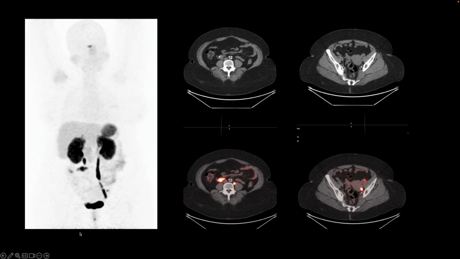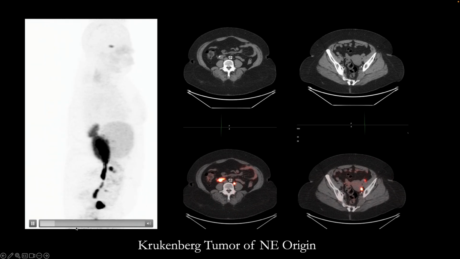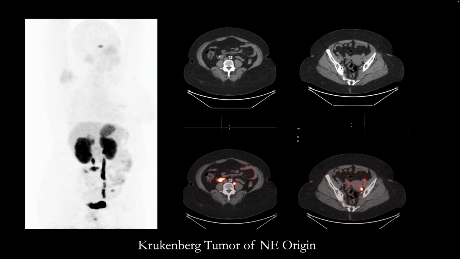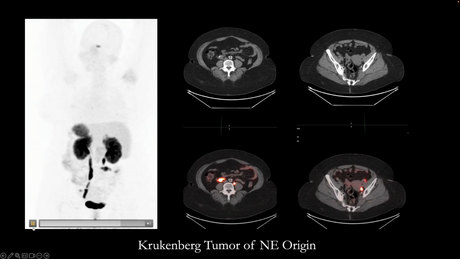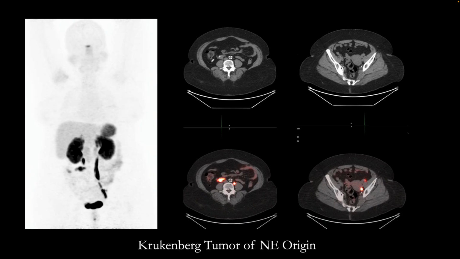Here's our next patient. This patient underwent a Dotatate PET CT for staging of their neuroendocrine tumor. Let's start by looking at the rotating image. So here we have lymphadenopathy in the mesentery that takes up the radiopharmaceutical.